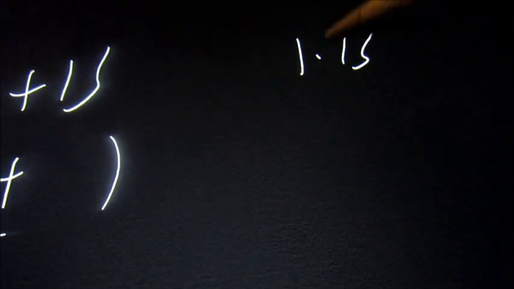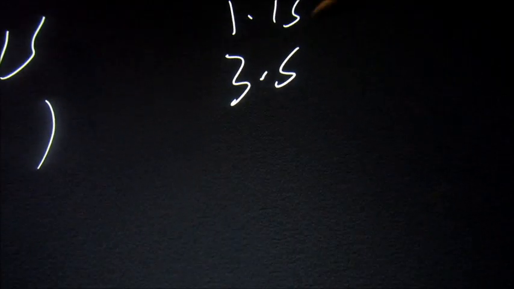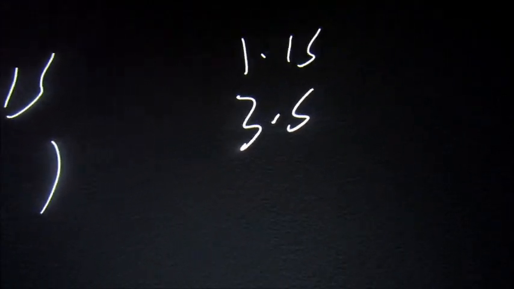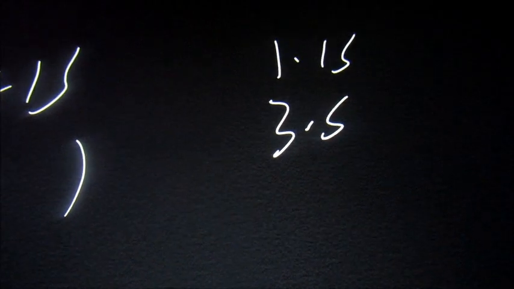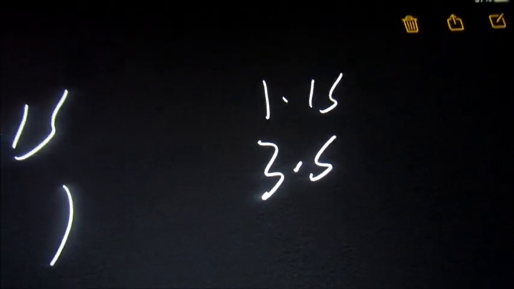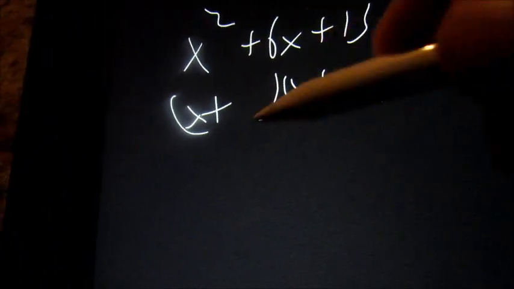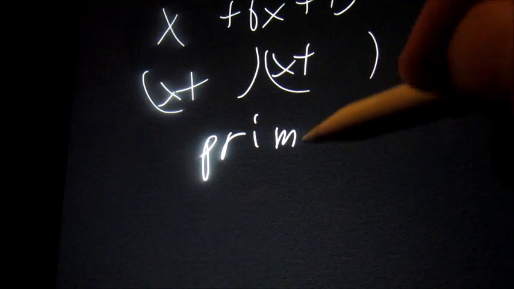Our choices are 1 and 15. 2 won't work. 3 times 5. And then we have 4 won't work, and now we're at 5. Neither of these add up to 6. So that means that this is a prime polynomial.